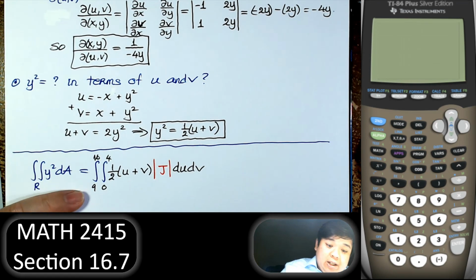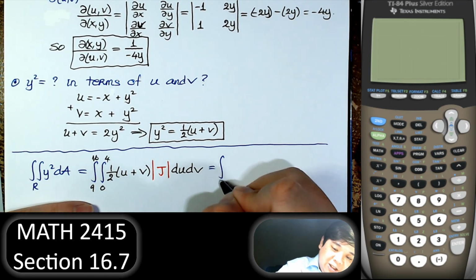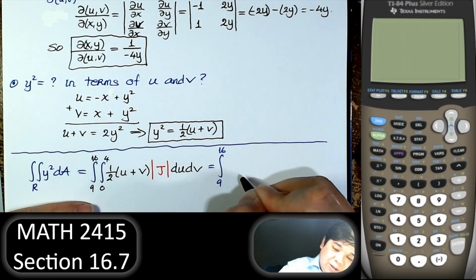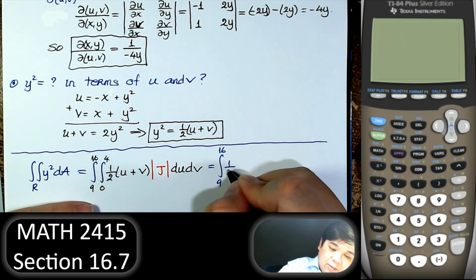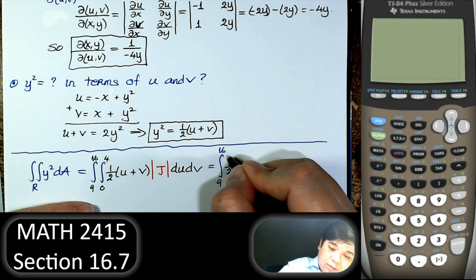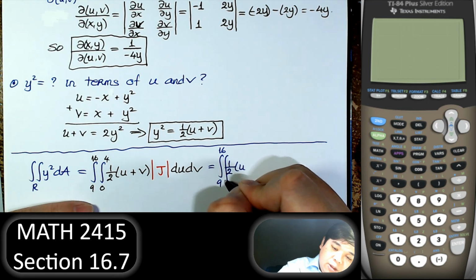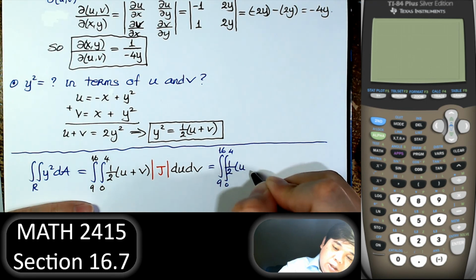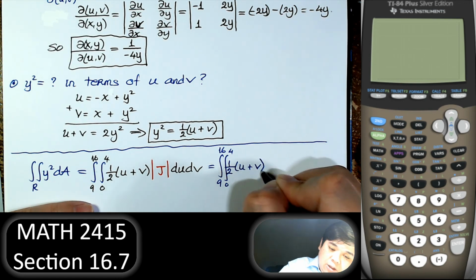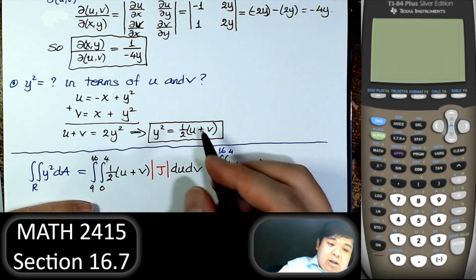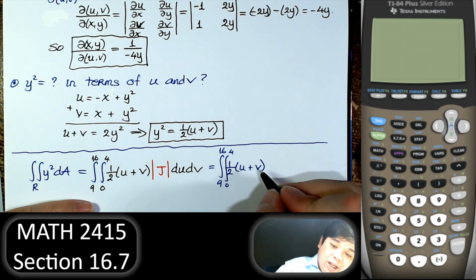There's a big problem here. This Jacobian depends on y.